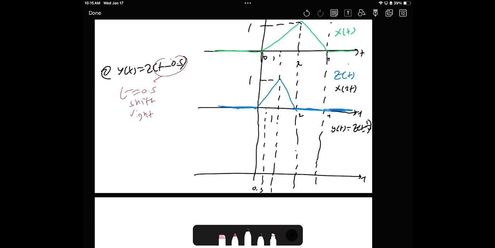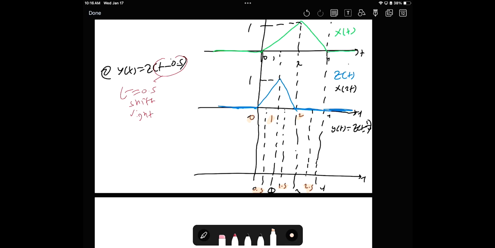Here is 0.5, here is 1, 2, 4. And what we used to see at 1 will be at 1.5, then here 2.5. So all our concern is to look at 0.5, 1.5, 2.5, because everything will be shifted. So instead of 0, 1, 2, add 0.5 to it.